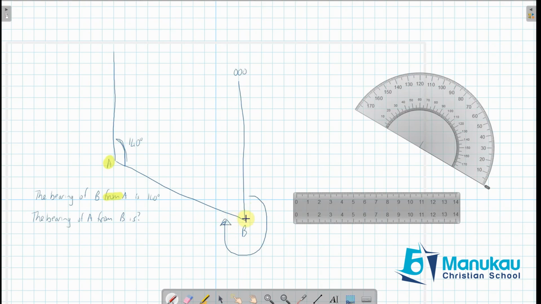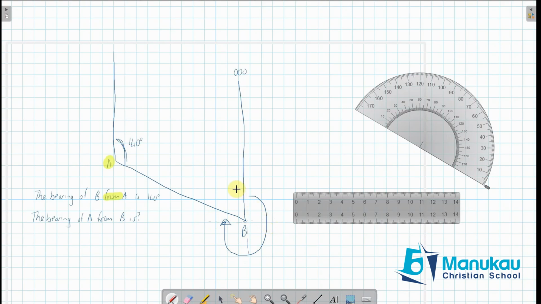Always measuring clockwise. So hopefully you can see that this bearing is going to be greater than 180, and it's going to be greater than 270. So 180 would be straight down, 270 would be the westerly direction, and it's greater than those. So how do we figure this out? Well, I'm going to show you a little trick.